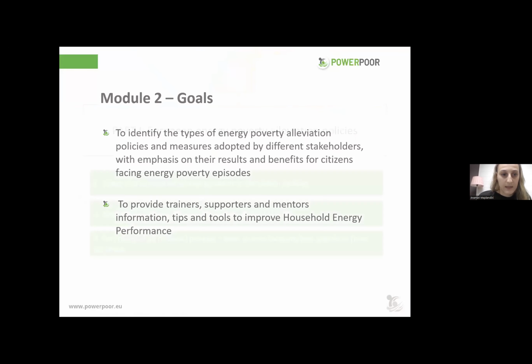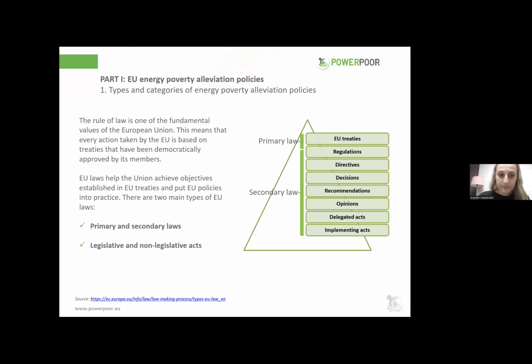So I will just skip this part and go to the policy part that I know is always the boring one, but it is the other side of the technical help, because you can have all the devices to renovate your house, but if we are talking about energy poor households, they need the grant scheme to do the renovation because they cannot do it by themselves. So we need to have some background from the policy background.